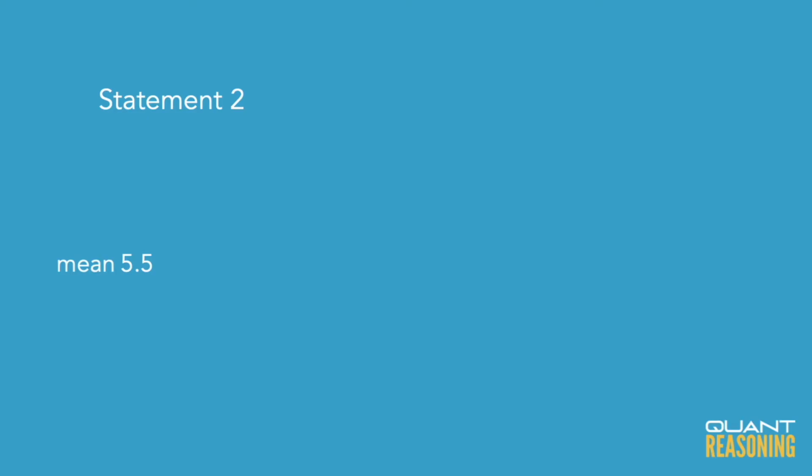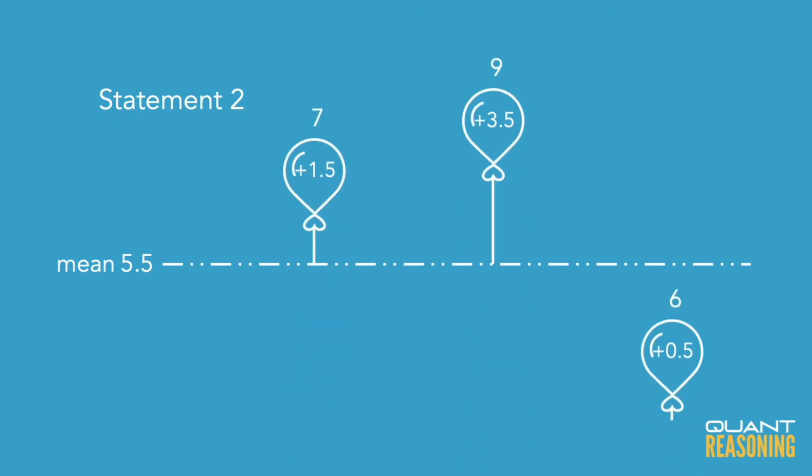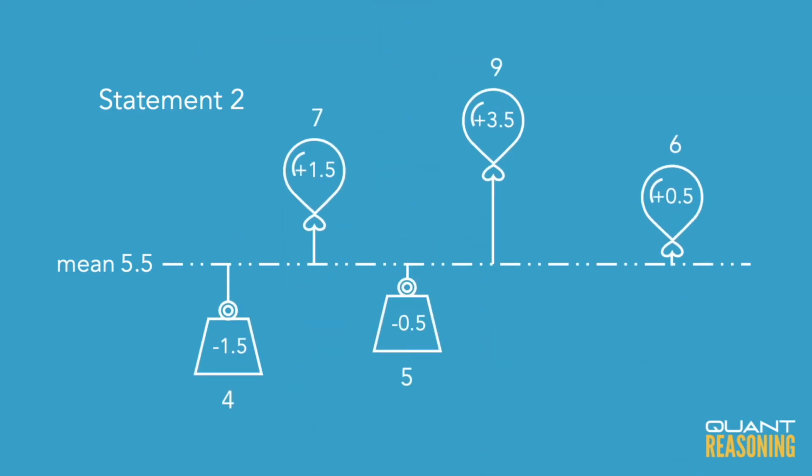Well, is that possible? What would x have to be for the mean to be 5.5? I think the fastest way to check that would be the balloons and weights method. And we can see there that in order for the deviations from 5.5 to balance out, x would have to be 2. Well, that fits the bill. If x is 2, the median and the mean would be 5.5.